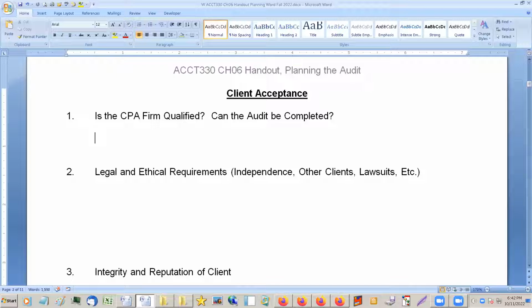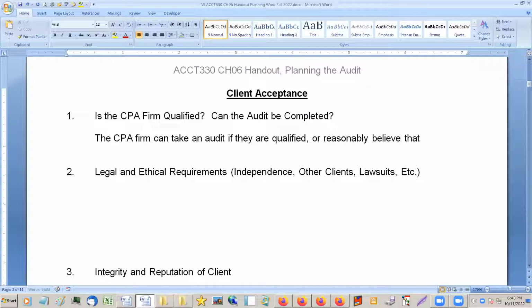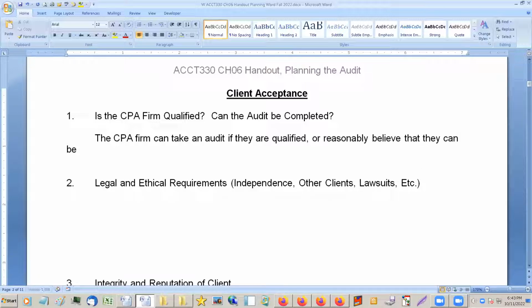The CPA firm can take an audit if they are qualified or reasonably believe that they can become qualified.